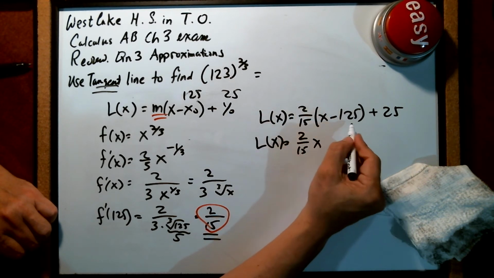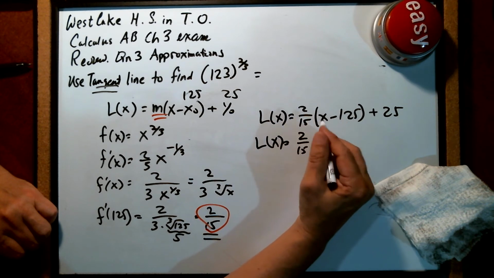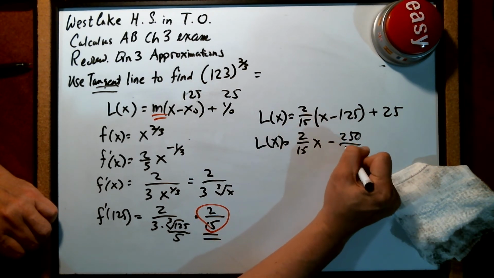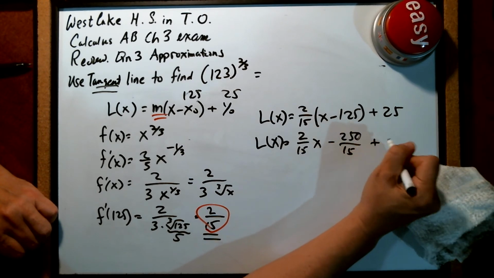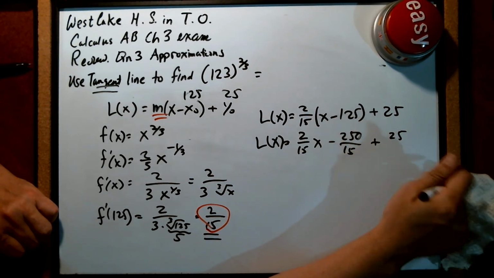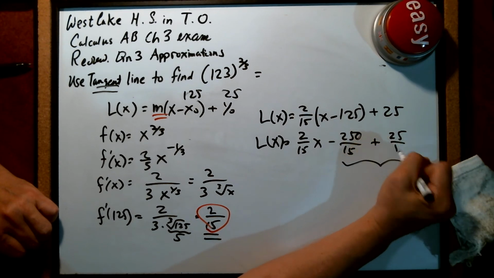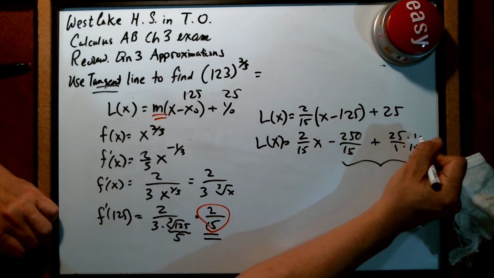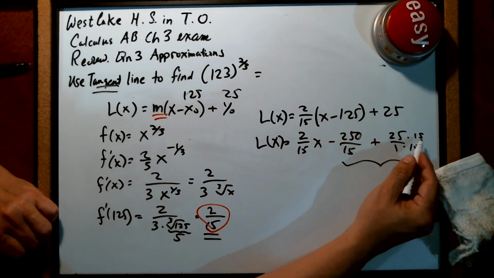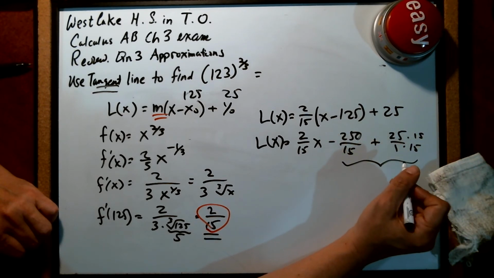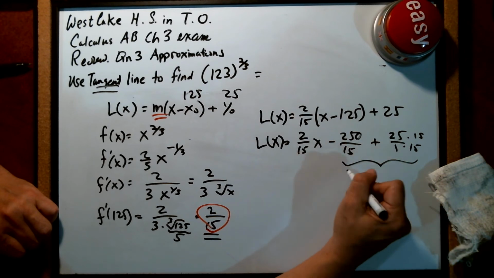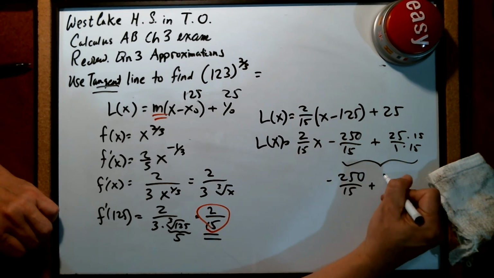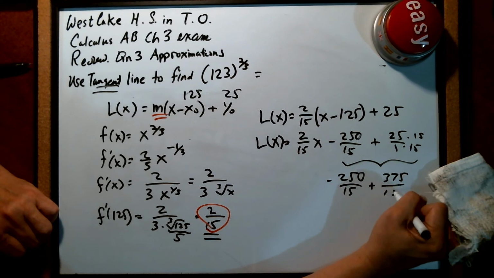Distributing 2/15 times negative 125, 2 times negative 125 is negative 250 over 15, plus 25. To add these up, I'm going to put 25 over 1 and multiply by 15 top and bottom to get a common denominator. 15 times 25 is 375, so it's minus 250 over 15 plus 375 over 15.